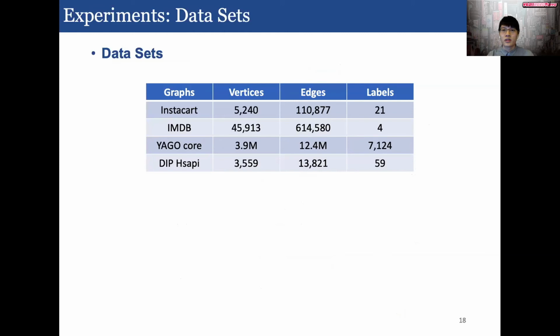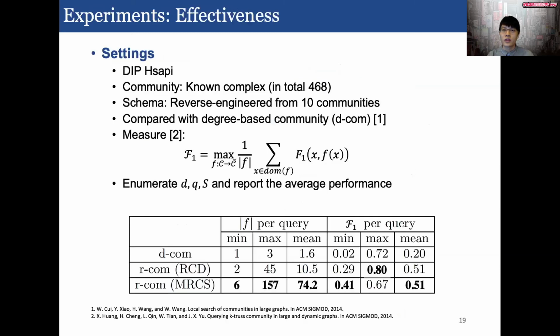In the experiments, we use 4 real-world graphs to test our methods. To show the effectiveness of the proposed community model, we evaluate it on the DIP dataset. This graph contains thousands of proteins, and each known complex is a ground truth community.